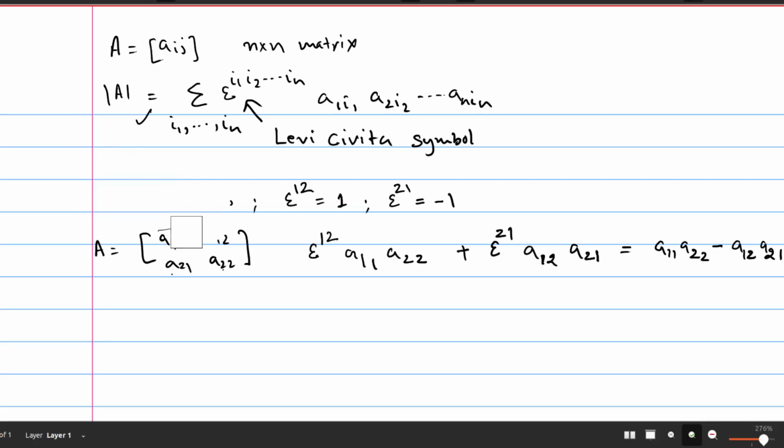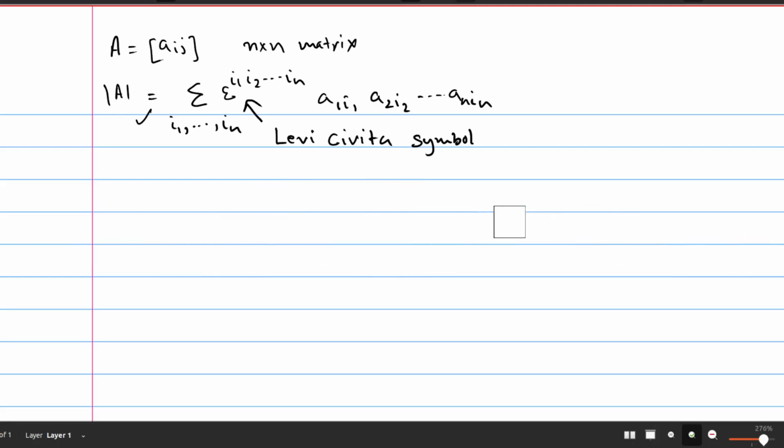As one more example, let us consider a three-dimensional matrix. So when n is equal to 3, then epsilon 1 2 3 is equal to 1, any odd permutation of 1 2 3 will give minus 1, and all even permutations of 1 2 3 will give plus 1.